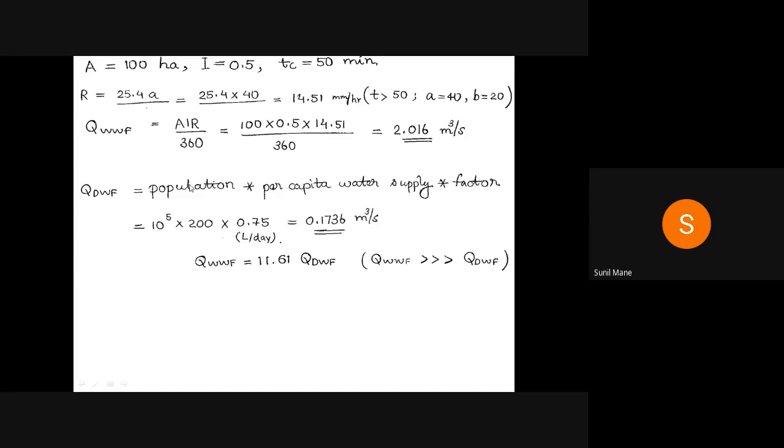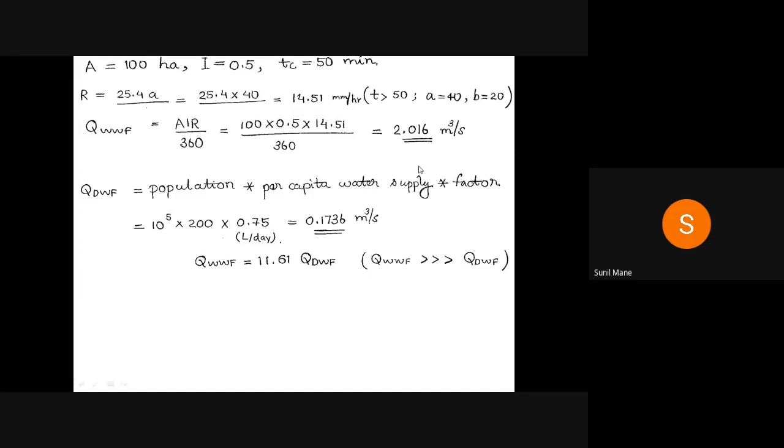There could be a change in population if the area is very progressive, but still the population we generally know, so this figure won't change much. The per capita water supply is also not going to change, and the factor in that area would not change. So throughout the year, whenever we calculate it, the dry weather flow quantity would be almost the same.